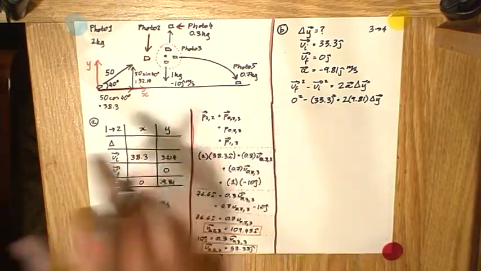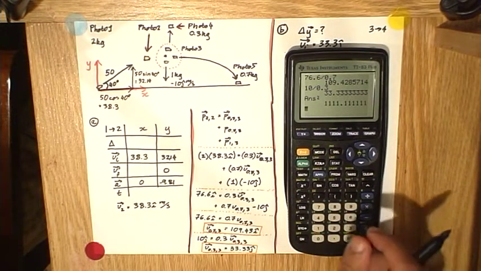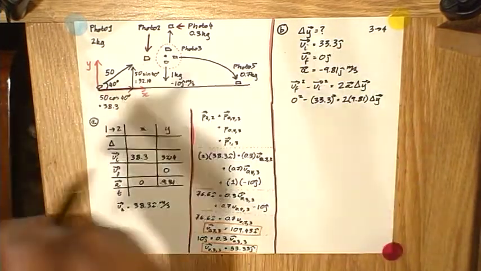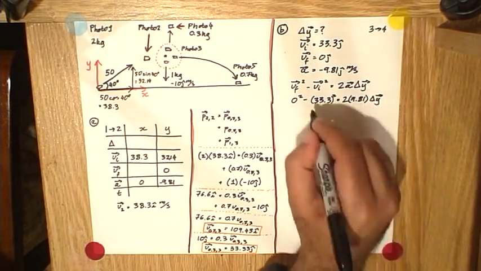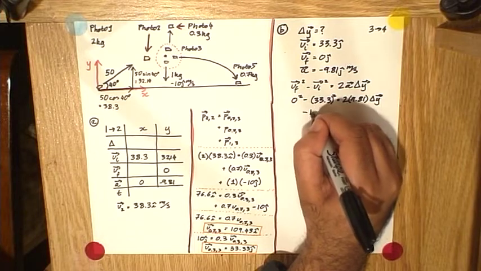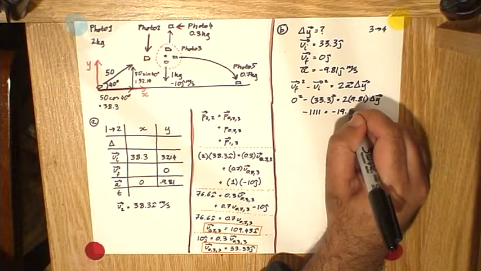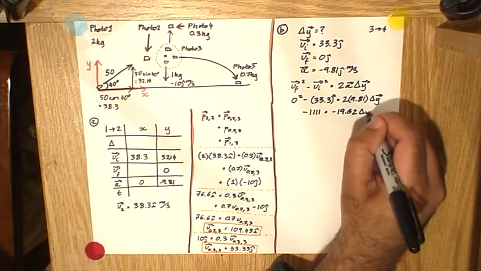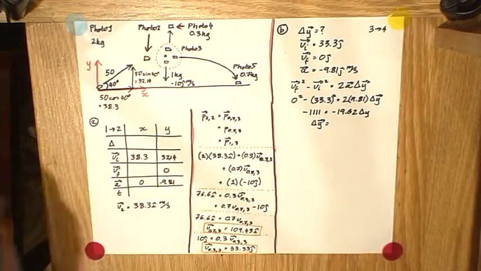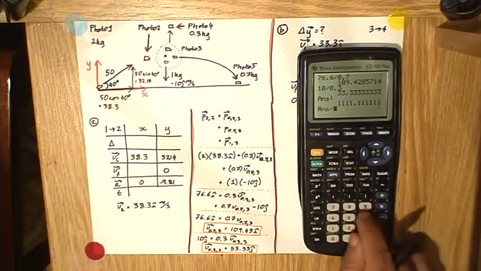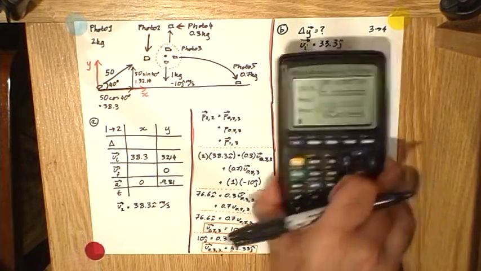So 33.3 squared is going to give us 1,111. And this, by the way, should be a negative 9.81. So now I have negative 1,111 is equal to negative 19.62 times delta y, or delta y is equal to 56.63 meters.